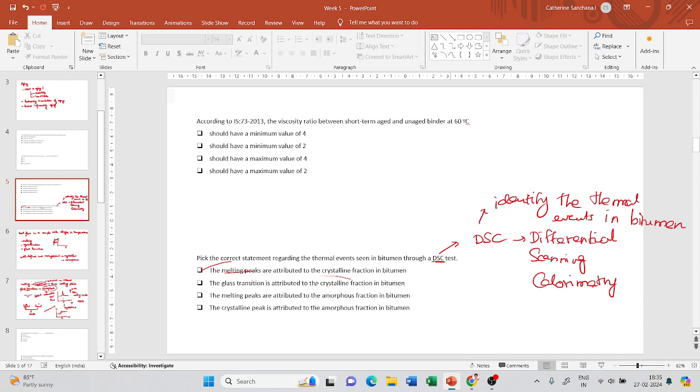No. It is attributed to the amorphous fraction in bitumen. The melting peaks are attributed to the amorphous fraction in bitumen. No, they are attributed to the crystalline fraction in bitumen, and the crystalline peak is attributed to the amorphous fraction in bitumen. Right? Crystalline peak is for a crystalline material. So, obviously, these three are not the correct options.